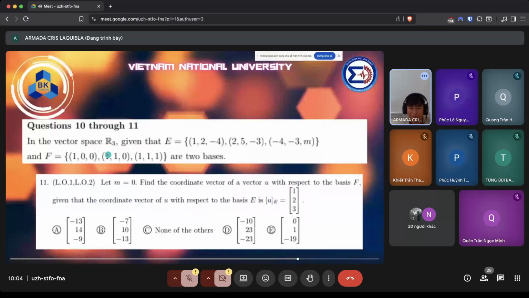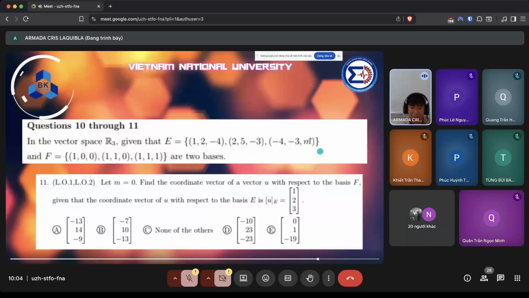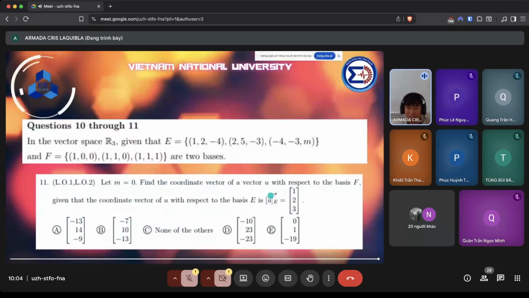So here, this is 0. So find the coordinate vector of the vector u with respect to the basis F. You have to get this. Given that the coordinate vector of u with respect to the basis E is this. You have it given already, equivalent to 1, 2, 3.